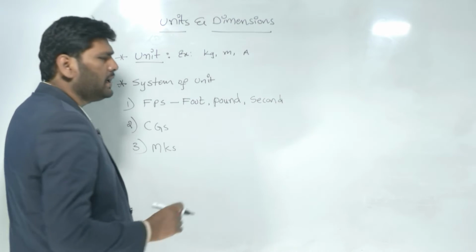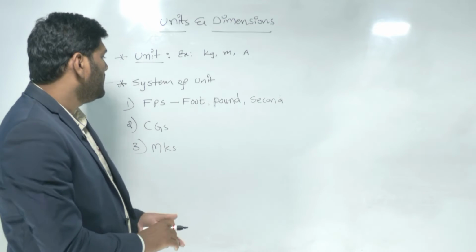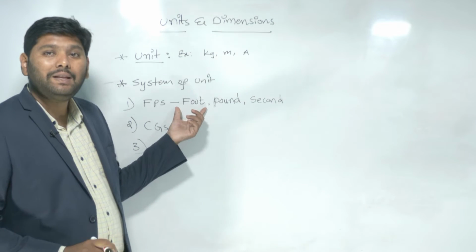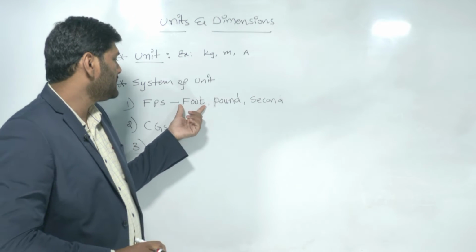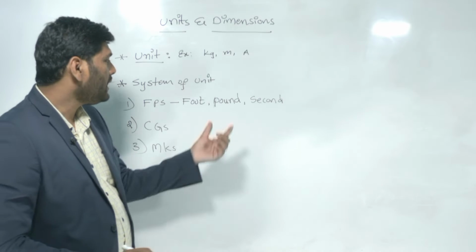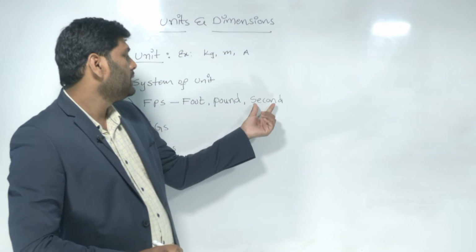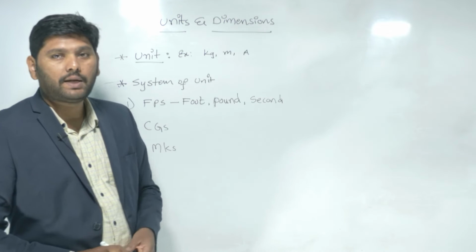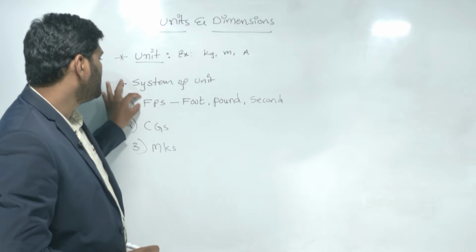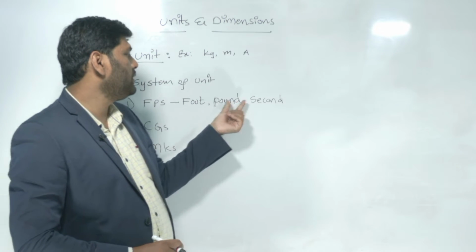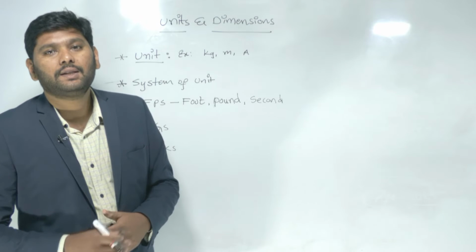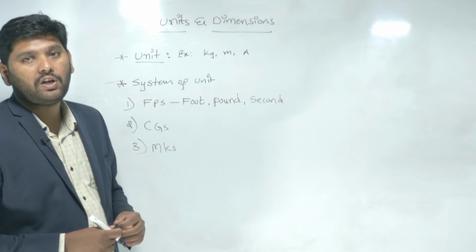So in the FPS system, the length unit is foot, the mass unit is pound, and the time unit is second. This is the unit set we use for measuring physical quantities.